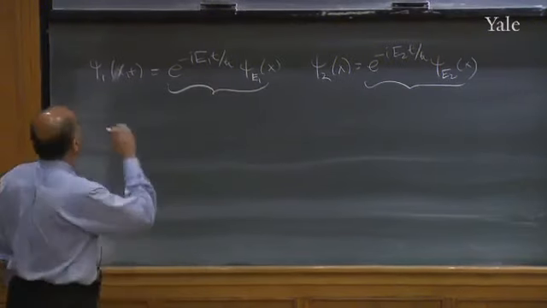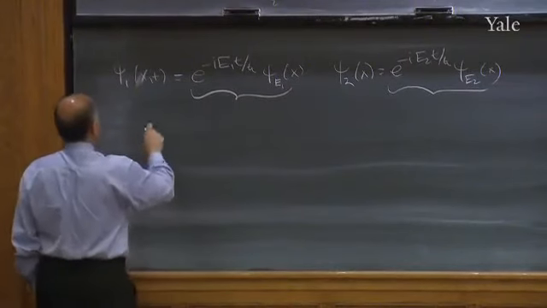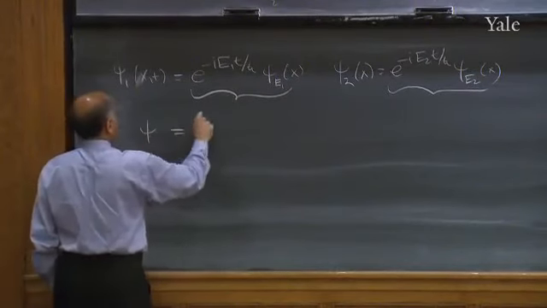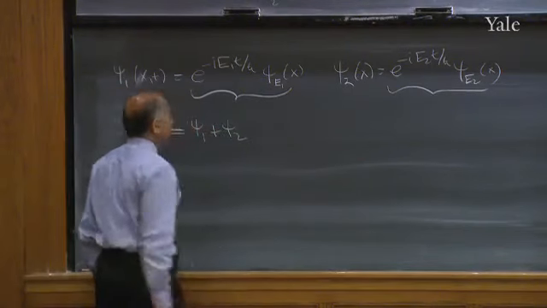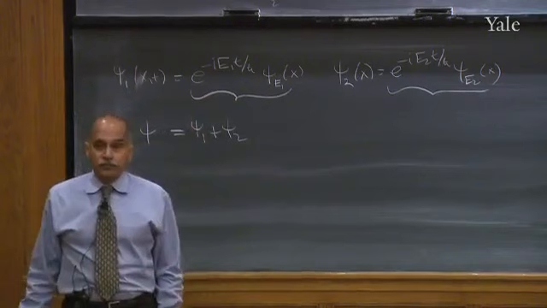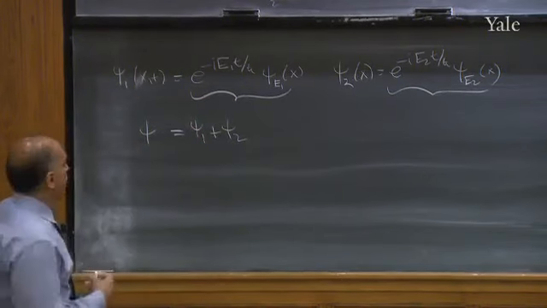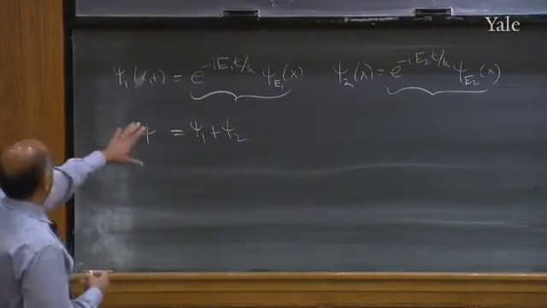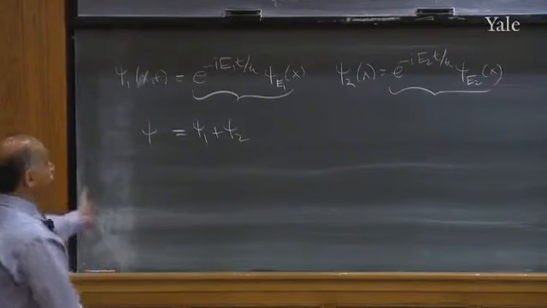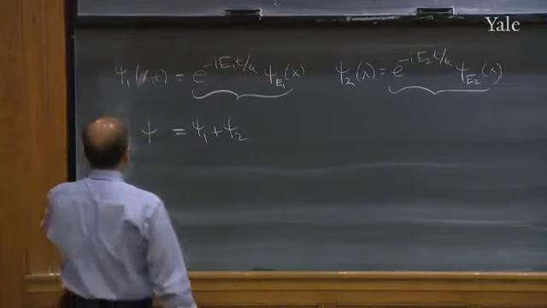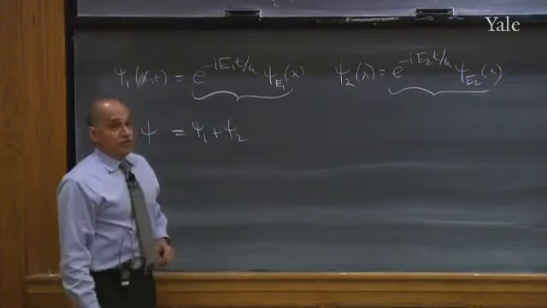But because the Schrödinger equation is a linear equation, it is also true that this psi, which is psi 1 plus psi 2, add this one to this one, is also a solution. I think I've done it many, many times. If you take a linear equation, psi 1 obeys the Schrödinger equation, psi 2 obeys the Schrödinger equation, add the left-hand side to the left-hand side and right-hand side to the right-hand side, you will find that if psi 1 obeys it and psi 2 does, psi 1 plus psi 2 also obeys it.